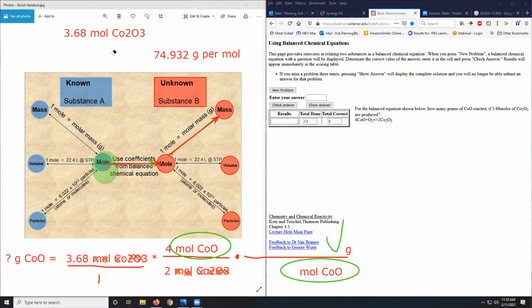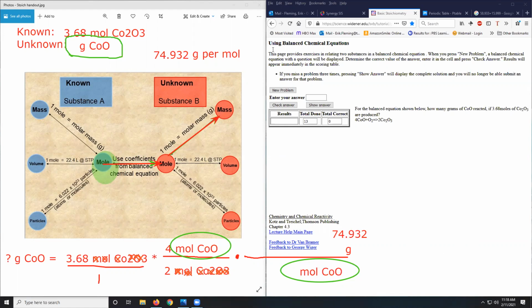So when we set these guys up, we need to cancel, always put on the bottom of the next fraction whatever was on top of the previous fraction. And in this case, I'm writing it in a weird place so that we can see it, 74.932 grams per mole.